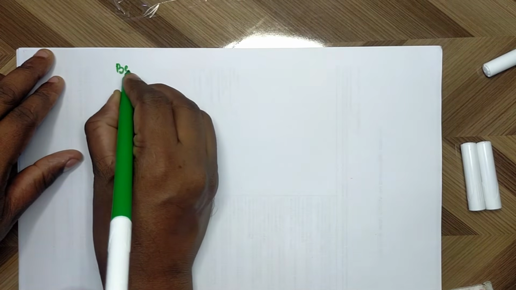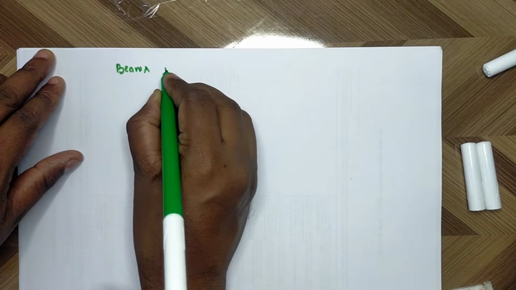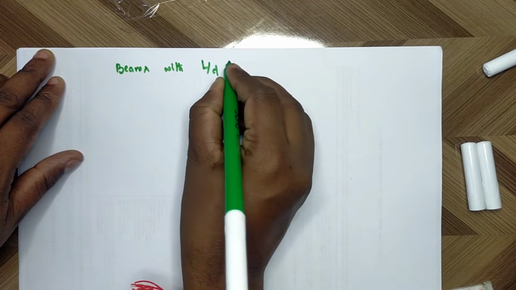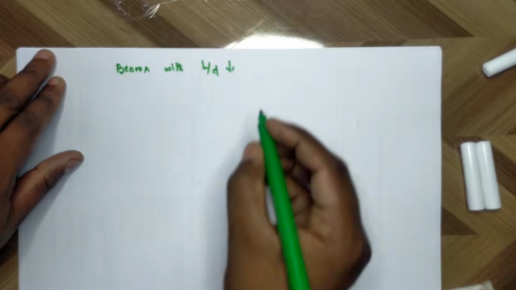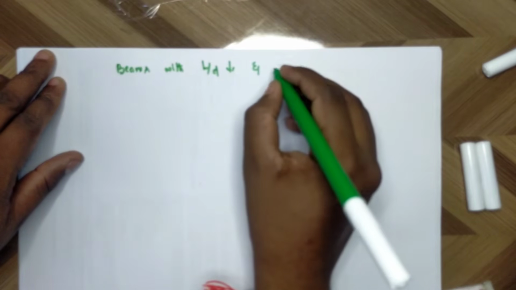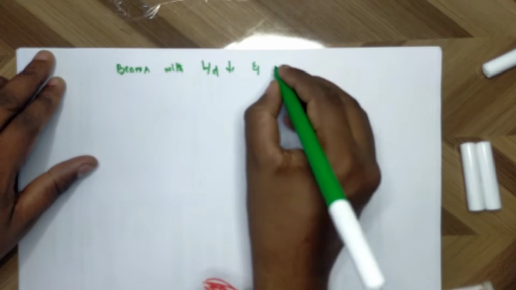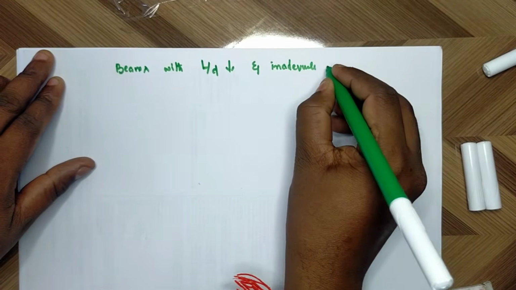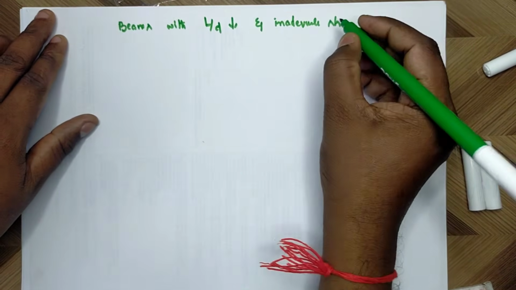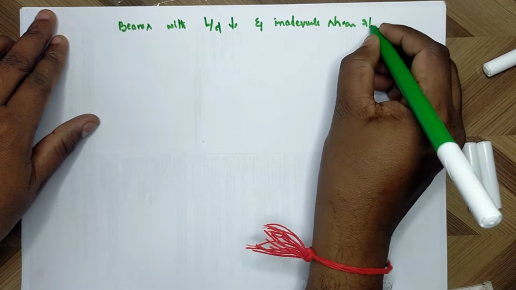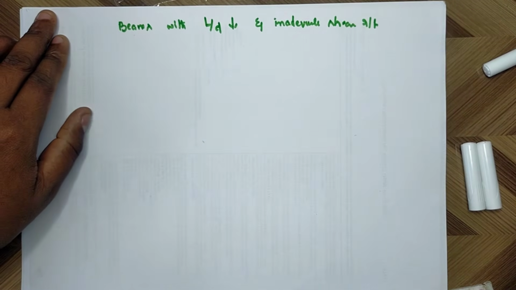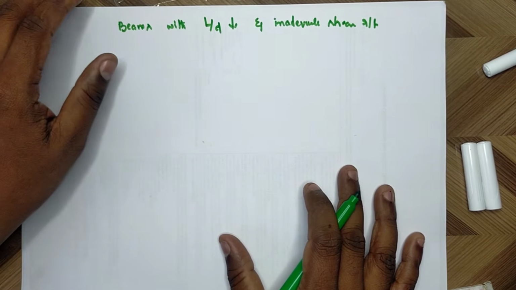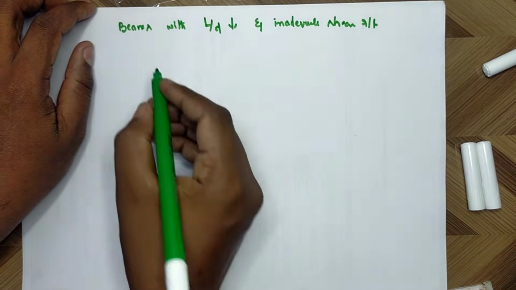Generally, in beams with a low L by D ratio and inadequate shear reinforcement, we may observe generally 5 types of failures due to shear.